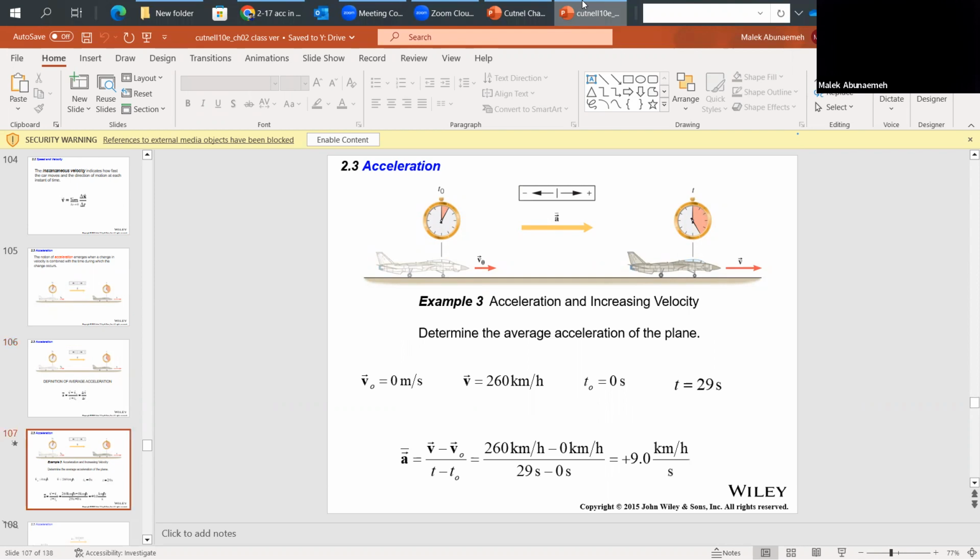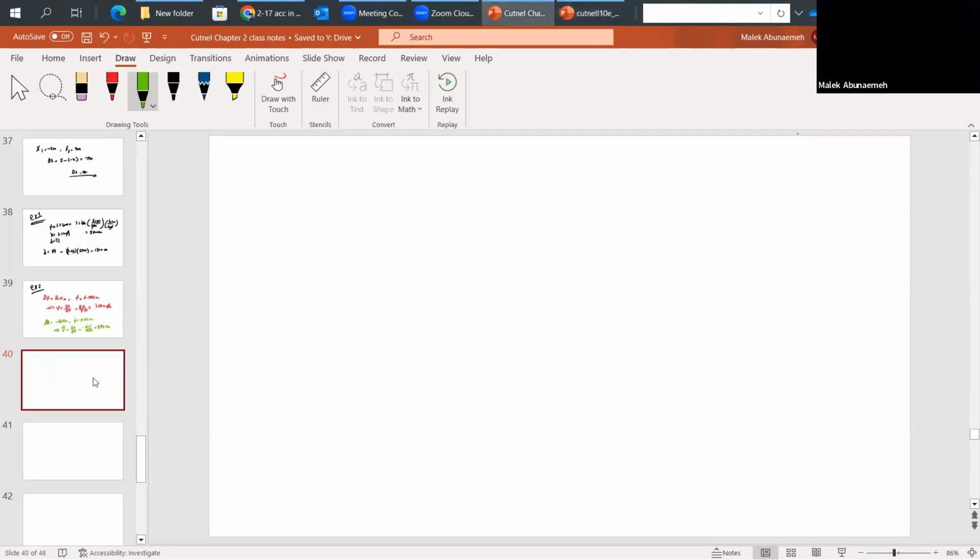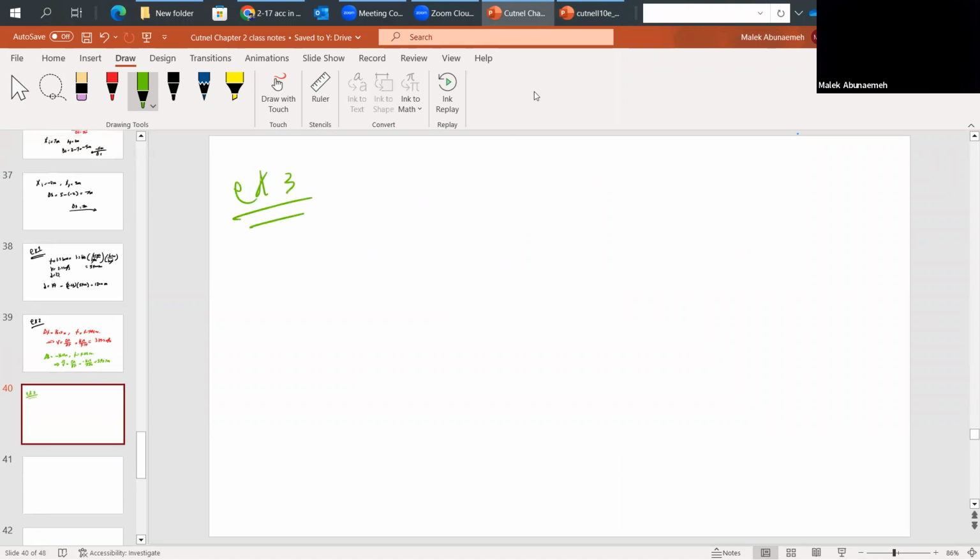So for example, if your V naught is 0, your final is 260 going at 29 seconds. So this is example 3, where V initial is 0 meters per second, along with T initial is 0 hours or 0 seconds.